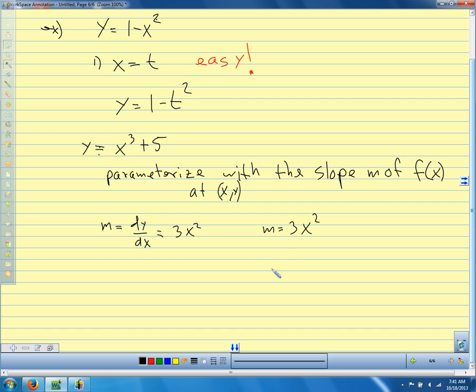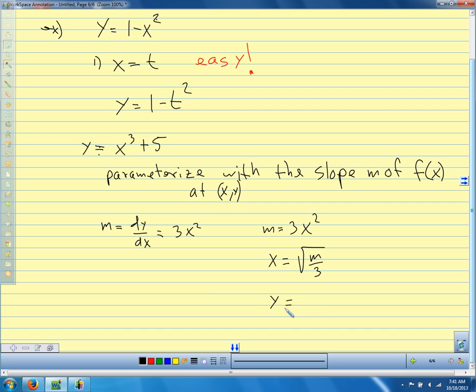So x equals the square root of m over 3. So there's my first equation in my set of parametric equations using the slope as our parameter.